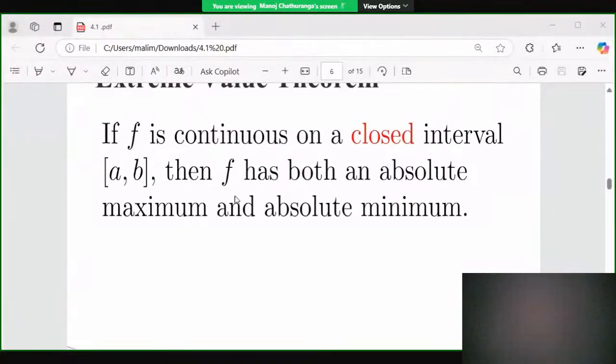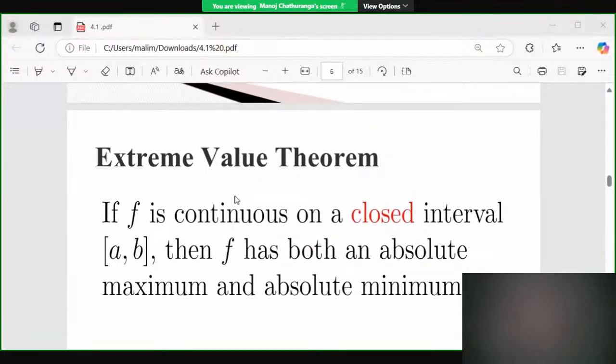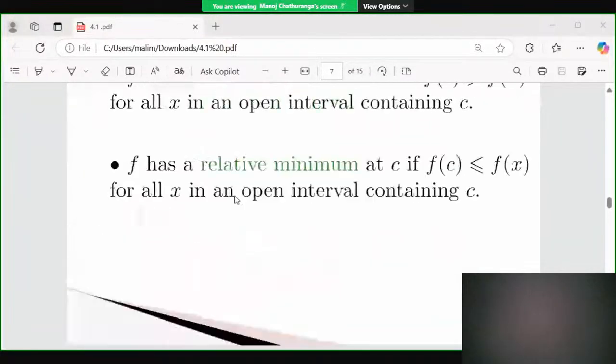But one of the deficiencies of this theorem is it just says both absolute maximum and absolute minimum exist, but it does not tell us how to find those. It doesn't tell us how we can find the extreme values.